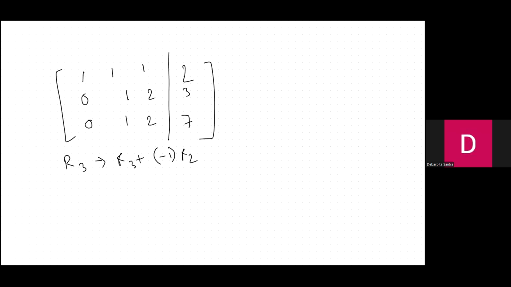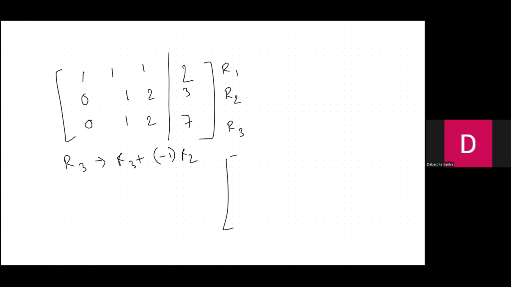This was the matrix that is visible, that was our last matrix, which has the first row R1, the second row R2, the third row R3. Now if we do this operation, R3 is equal to R3 plus minus 1 into R2, what will happen?